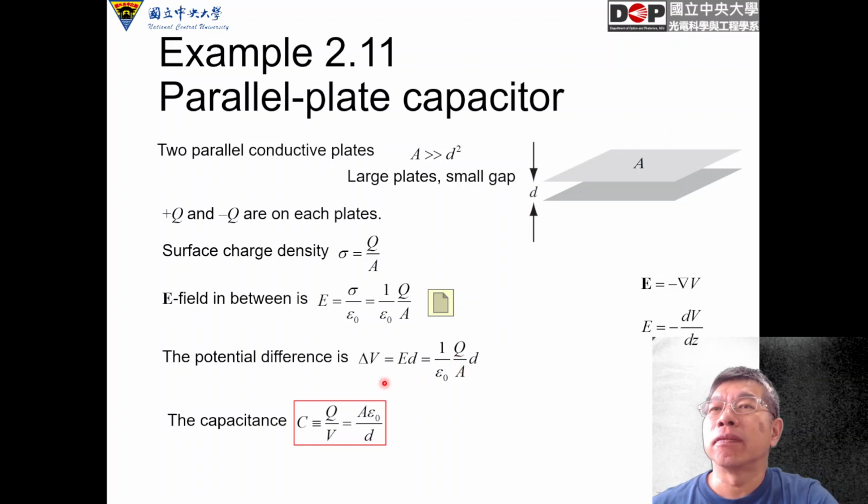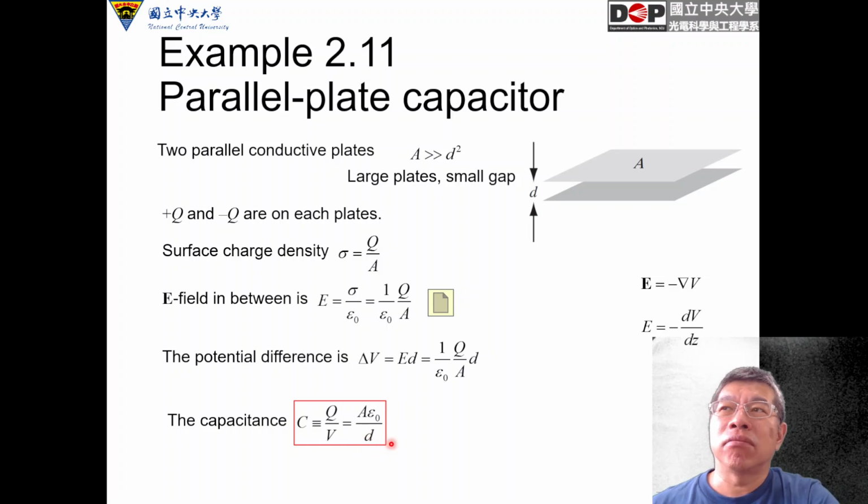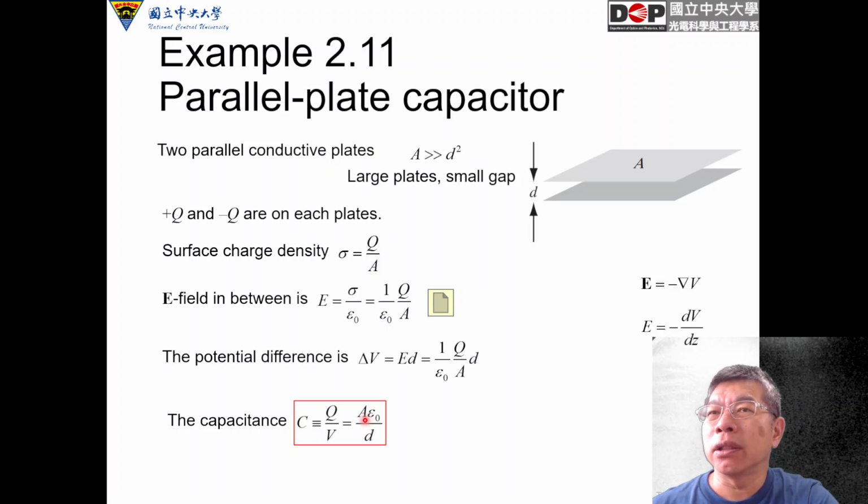So this is the parallel plate capacitance. It's proportional to the area: larger area, larger capacitance. Smaller gap, larger capacitance.